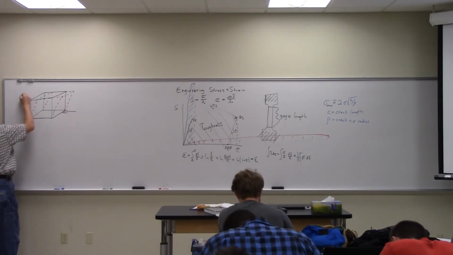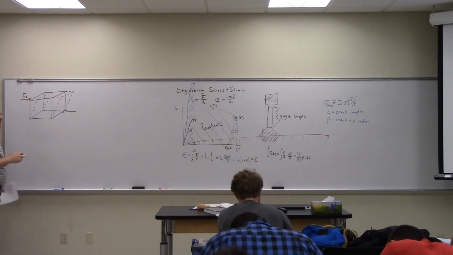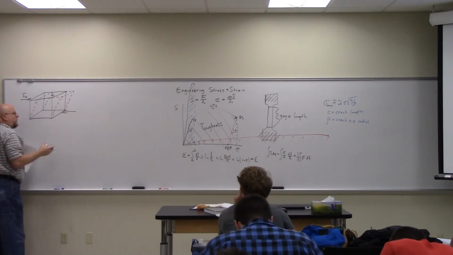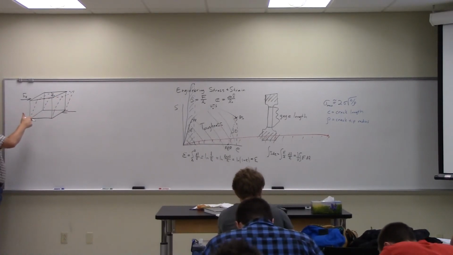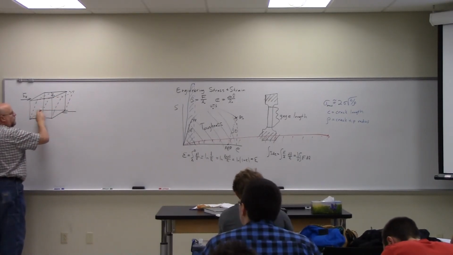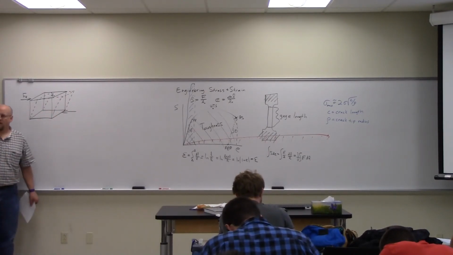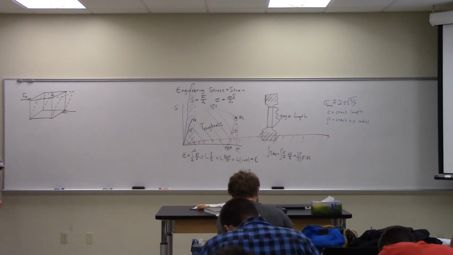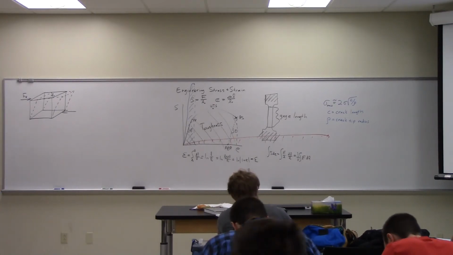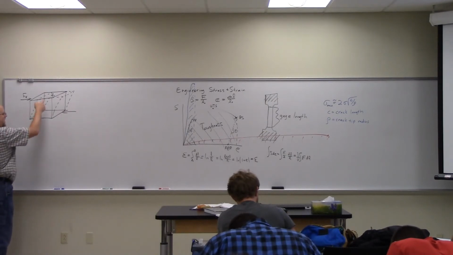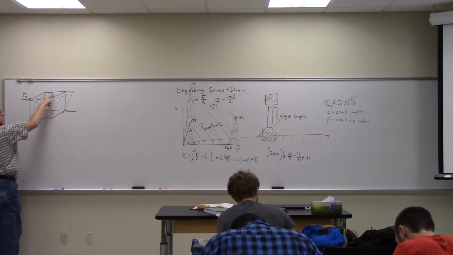So here I've applied a shear force to an area here. Before, when I was applying a tensile load in the horizontal direction, it would be the area of the end face. It was the cross-sectional area perpendicular to the force that determined the stress. Here, it's the area parallel to the force.